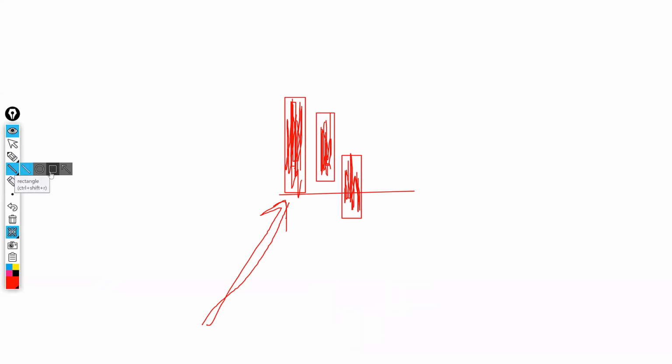So right here, for you to trade an inside bar, number one, you have to look out for the previous direction of trend.